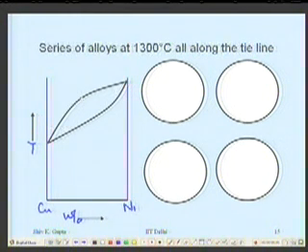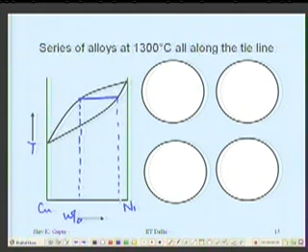Let's say this is 1300 degrees centigrade. This is liquid here, alpha here, liquid plus alpha there.